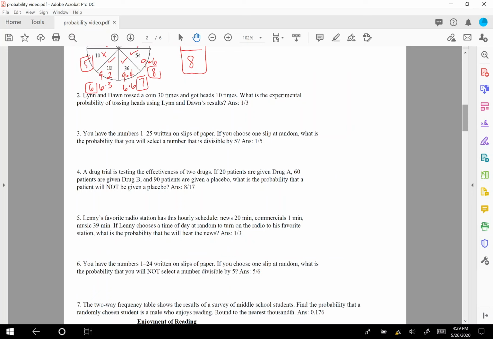Okay, next one here. It says Lynn and Don tossed a coin 30 times and got heads 10 times. What is the experimental probability of tossing heads using Lynn and Don's results? Okay, now here the key word in this one is experimental.